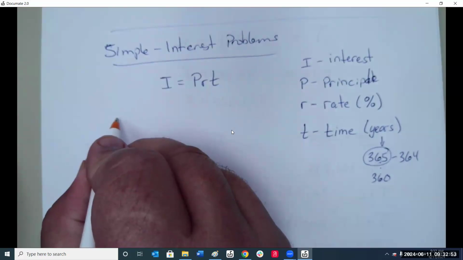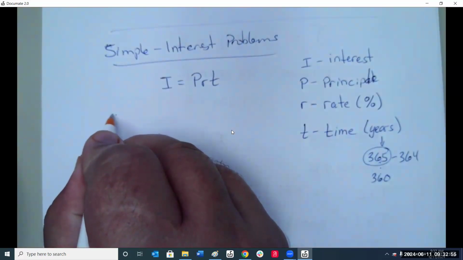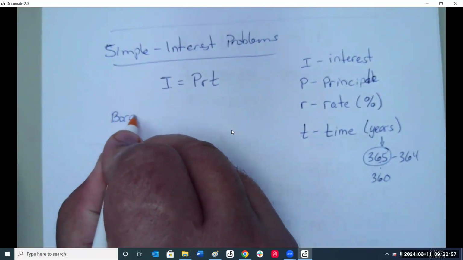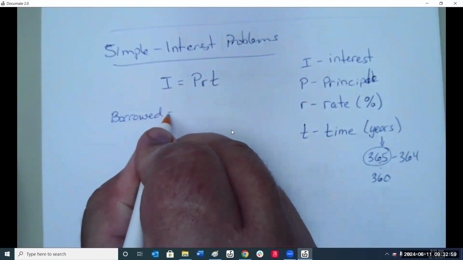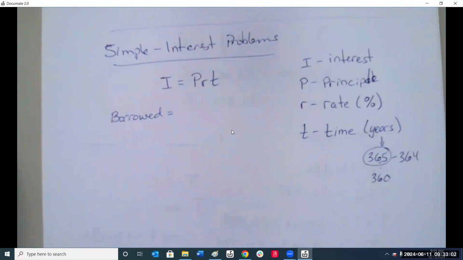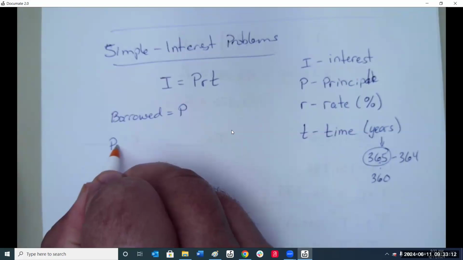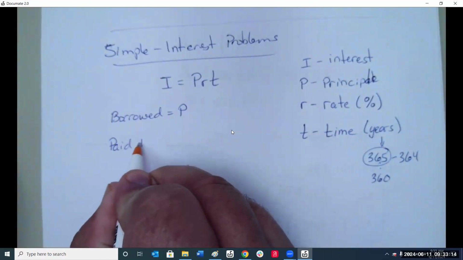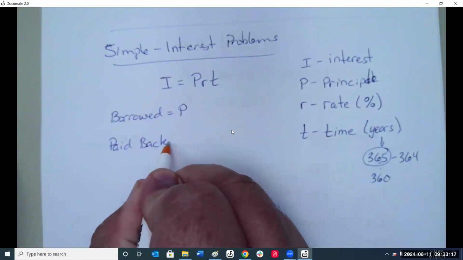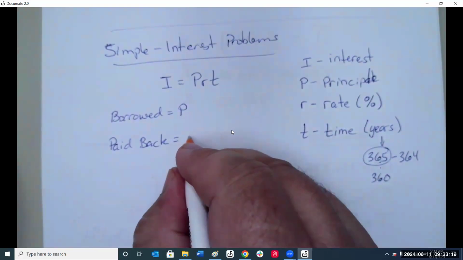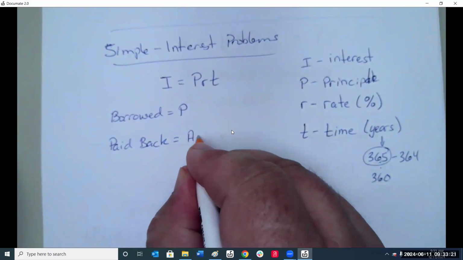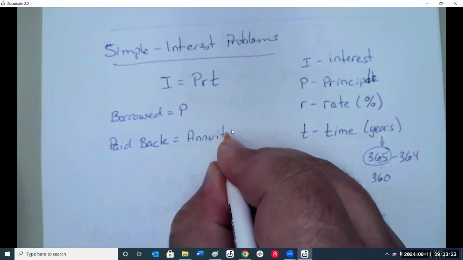So remember, the amount you borrowed is what? P, the principal. That's the amount you borrowed. The amount you paid back is called an annuity.